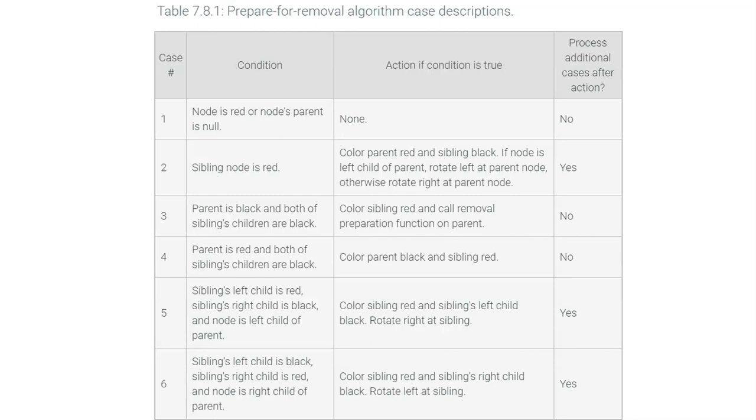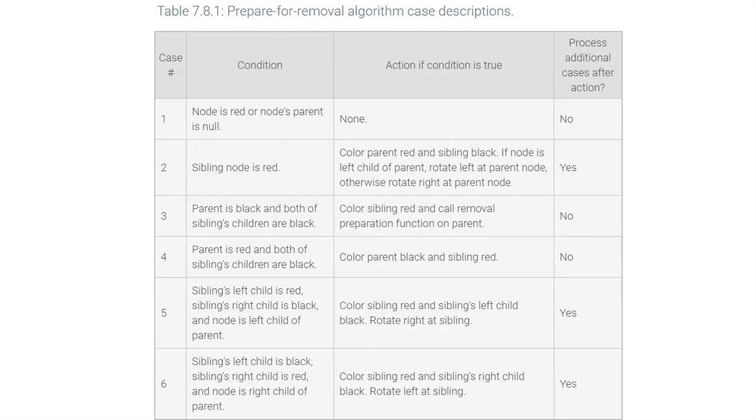For case 5, the node sibling's left child is red, and the sibling's right child is black, while the node is the left child of the parent, we color the sibling red and the sibling's left child black and rotate right at the sibling, and we keep continuing checking for cases.